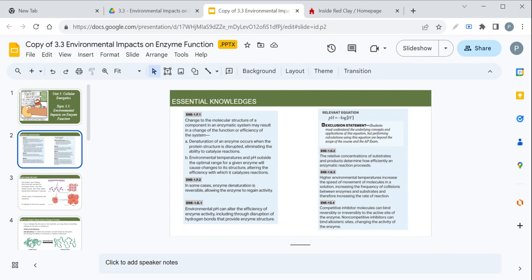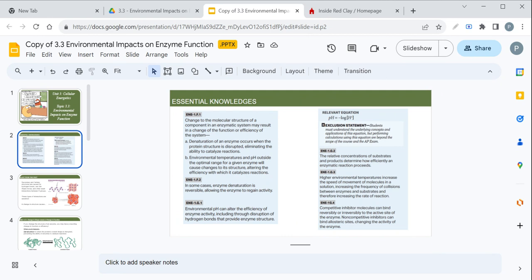Basically those environments have two different pHs, but they are both breaking down proteins, right? So the idea is that I have an enzyme that will work perfectly fine in this environment and an enzyme that will work perfectly fine in this other environment. But the problem is that if I were to throw the one that doesn't like the acidic environment into the stomach, then it's not going to be able to work properly anymore.